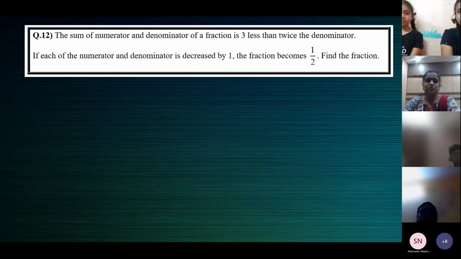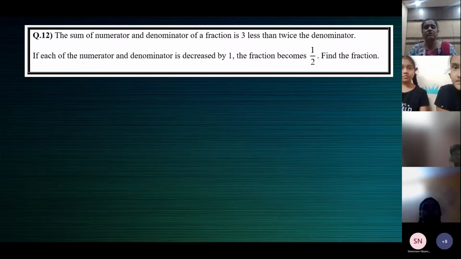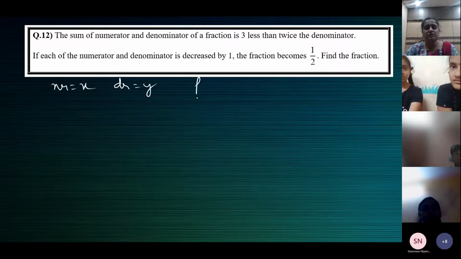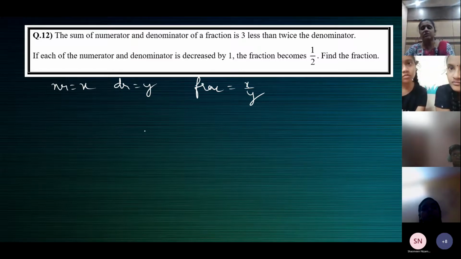Okay. So here, the sum of the numerator and denominator of a fraction. We'll just write as we read it. Numerator is x, denominator y, and the fraction is x by y. The sum of the numerator and denominator of a fraction is 3 less than twice the denominator. So how do you write the sum of the numerator and denominator?